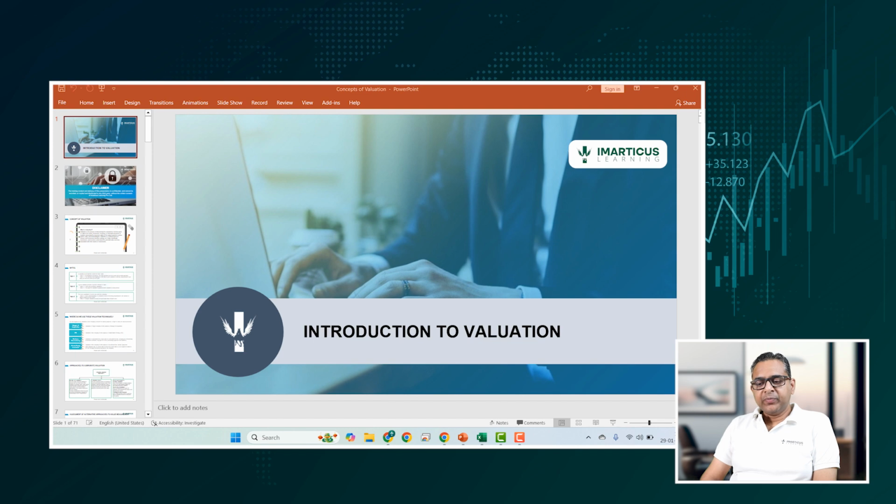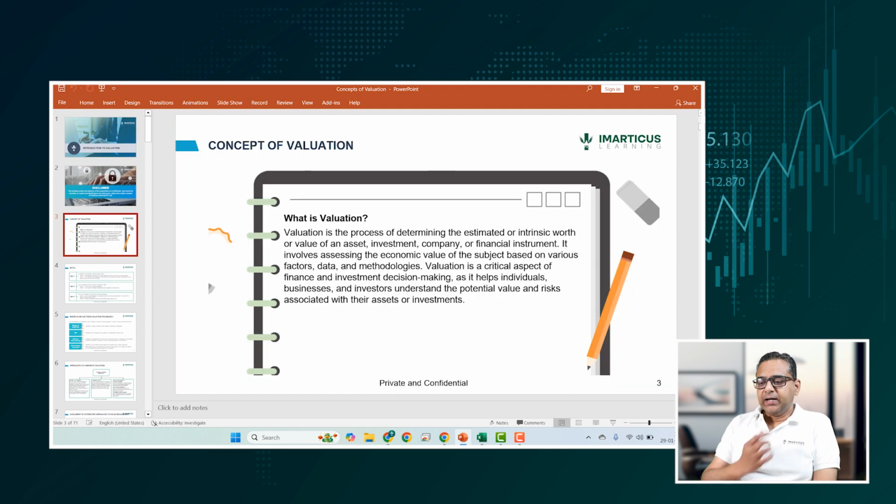What is valuation? Valuation is the process of finding out the worth or value of an asset in today's terms. For example, when we go and purchase any asset or any share in the stock market, what we can see is the price at which, let's say, the stock is trading.